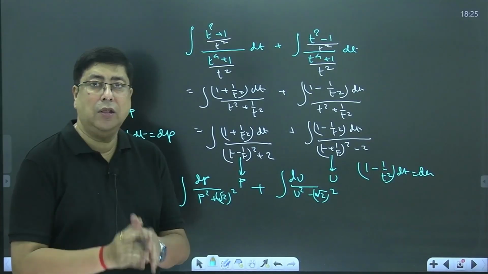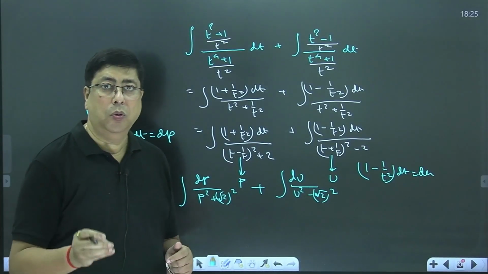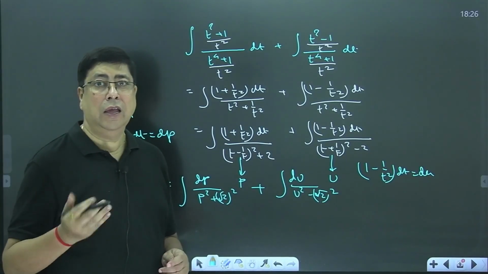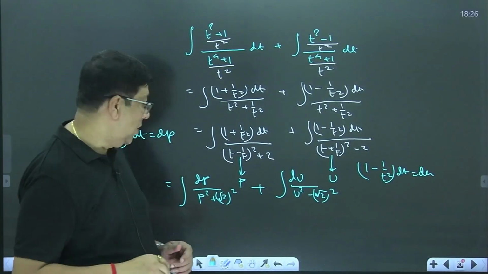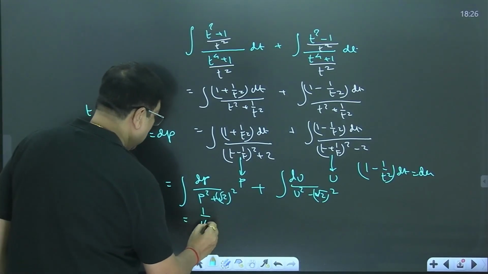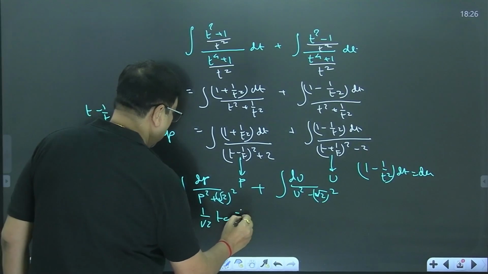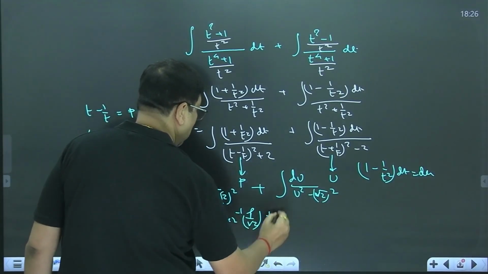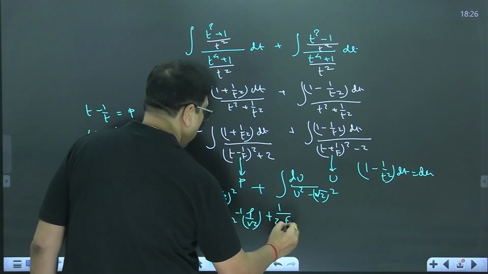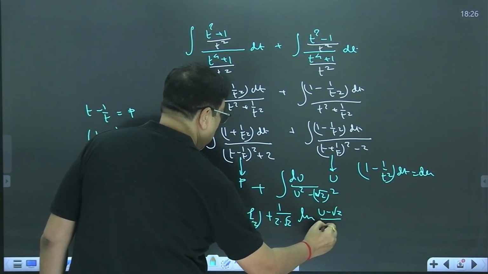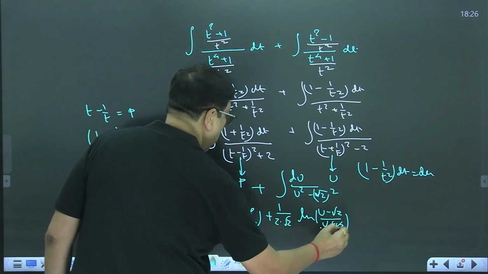Don't sit with the formula book. You have to keep your formulas in your head. So 1 by a tan inverse x by a plus 1 by 2a log of (x minus a) by (x plus a) plus c.